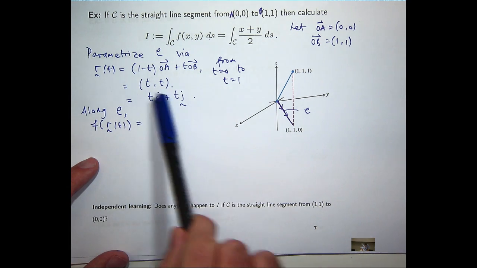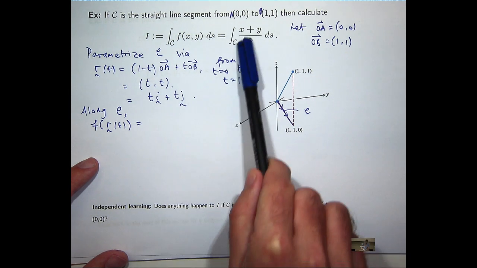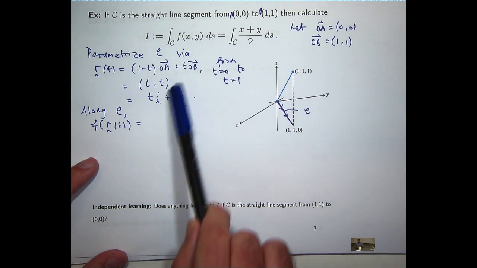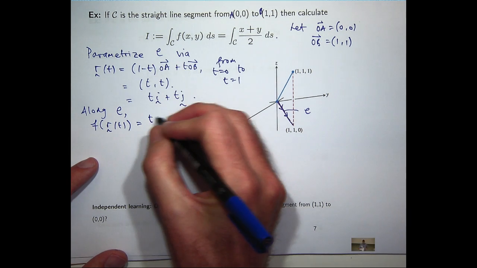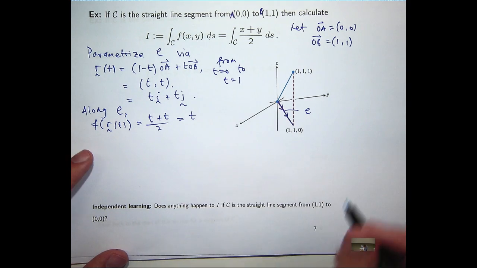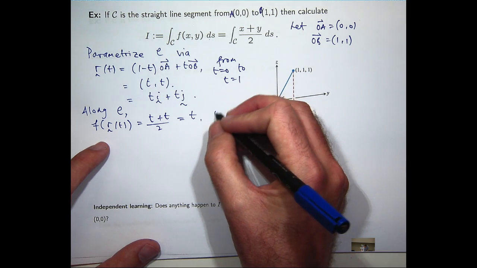Well, essentially I just go up here, this is my f, I replace x with t, and I replace y with whatever's here, t in this case. So it's going to be just t. And again, we've got t between 0 and 1 here.